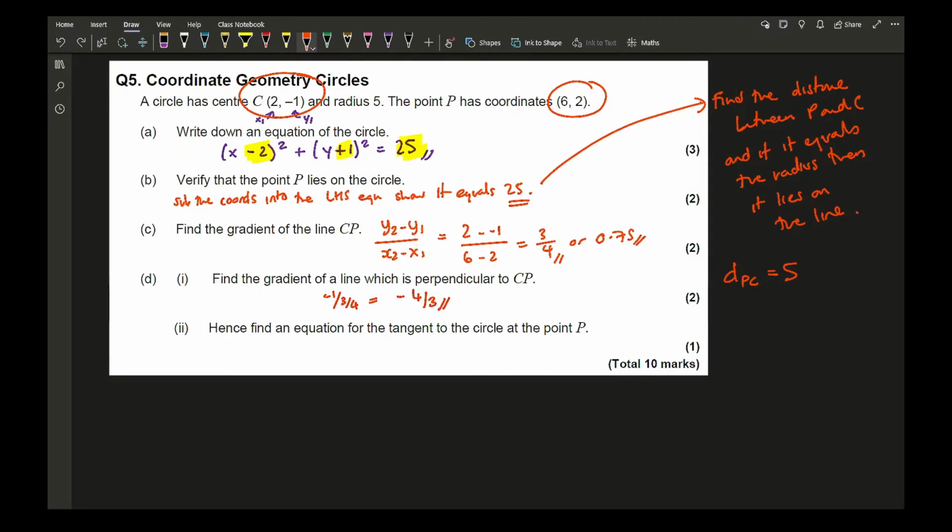So for this, using the gradient from D1, we've got m equals minus 4 over 3, and the coordinates for P are 6, 2. So substituting into the equation of the line, I get y minus 2 equals minus 4 over 3 x minus 6.